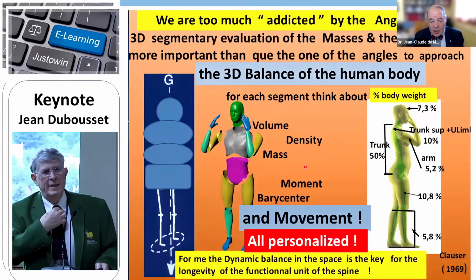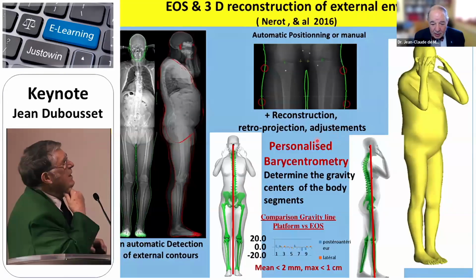It's also work they did that is very interesting. So the barycenter is different for each patient, and you can calculate with the EOS system exactly the mass of the patient, of the body segments.